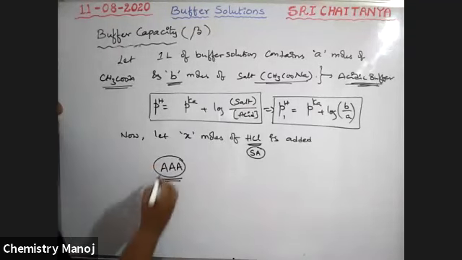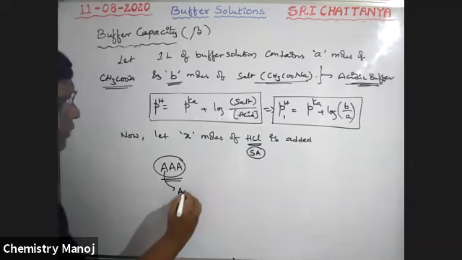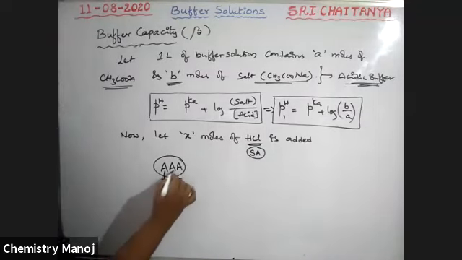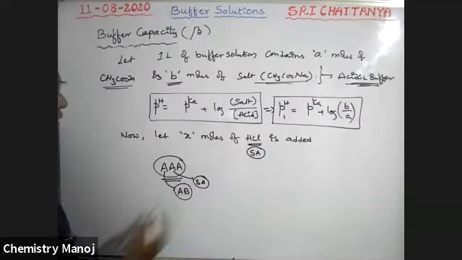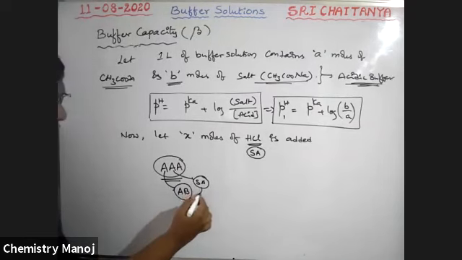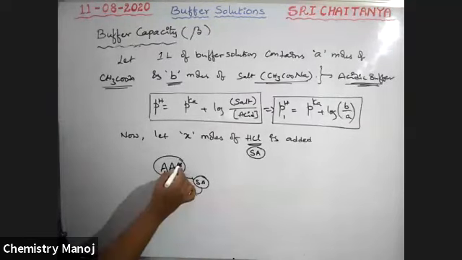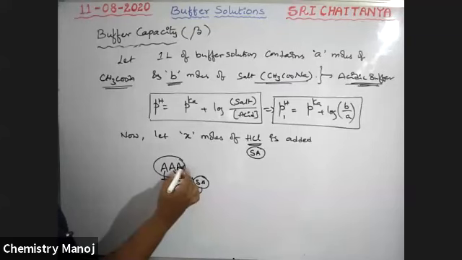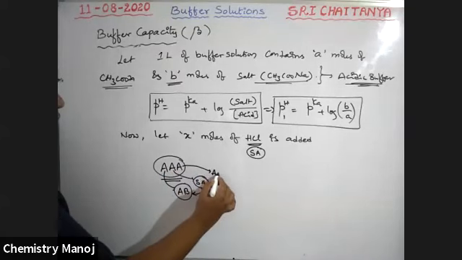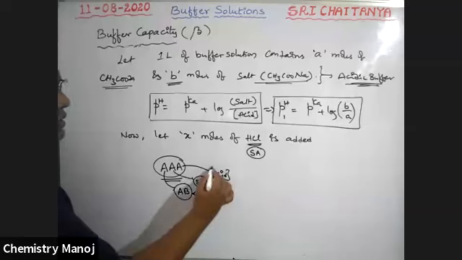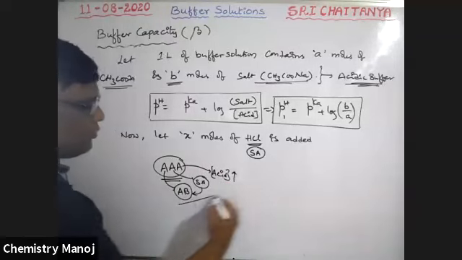Okay, the first A is nothing but acidic buffer. The second A is strong acid. If a strong acid is added to an acidic buffer, its acid concentration increases.